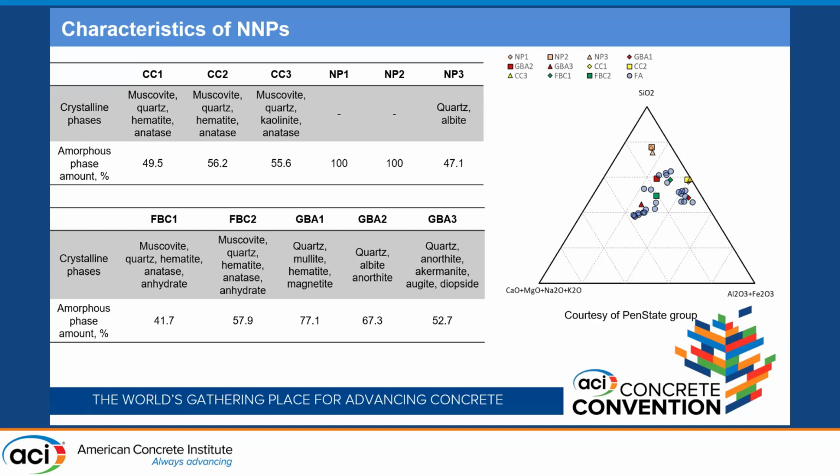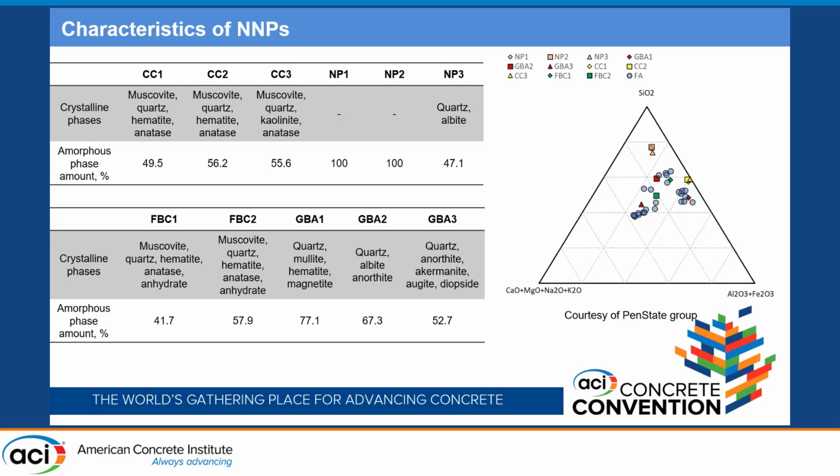According to the QXRD data, 2 of the natural Pozzolans are fully amorphous, and for other materials, the amorphous content is in the range of 40 to around 80%.